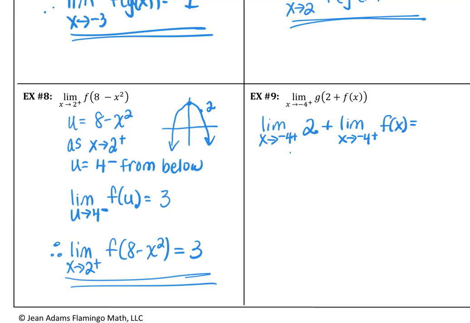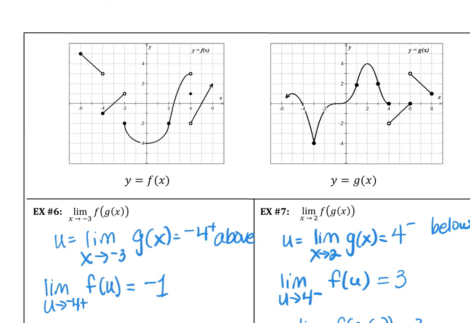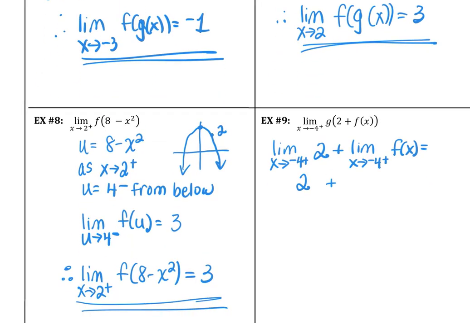As we approach -4, that limit is going to be 2, since that's a constant function. And looking at the graph of f as we approach -4 from the right, that's this piece here, as we approach -4 from the right, it's approaching -1. So that limit is -1. And 2 plus -1 is going to be 1. So our limit of that sum is going to be 1.